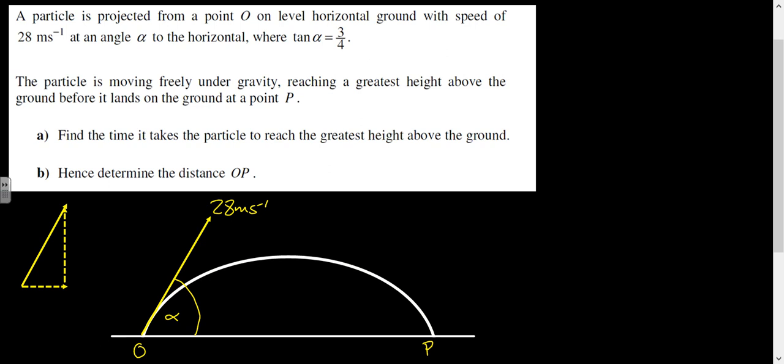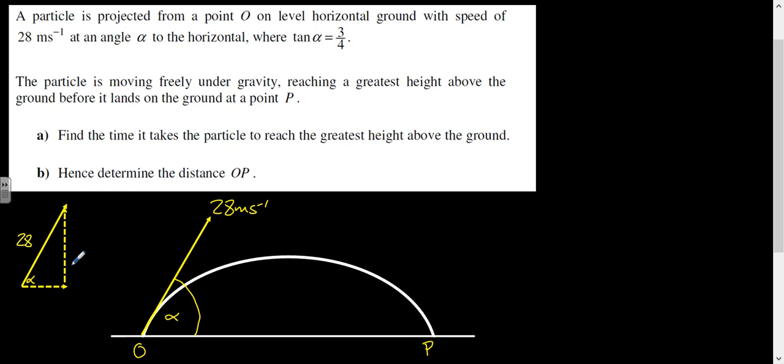There's quite a simple way of doing it, and you recognize it from when we resolved forces on inclined planes. We have a right-angled triangle here, where our hypotenuse is our 28 meters per second. We have an angle inside the right-angled triangle, which is our alpha. If I want to resolve this 28 into its horizontal and vertical components, I consider the angle.